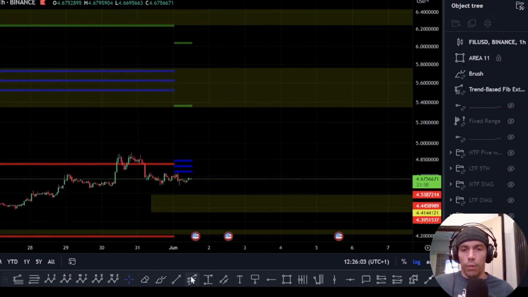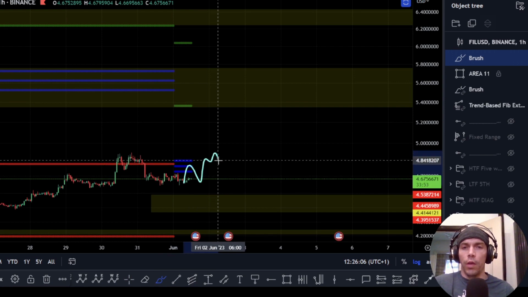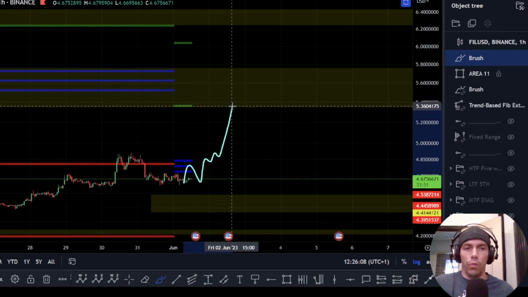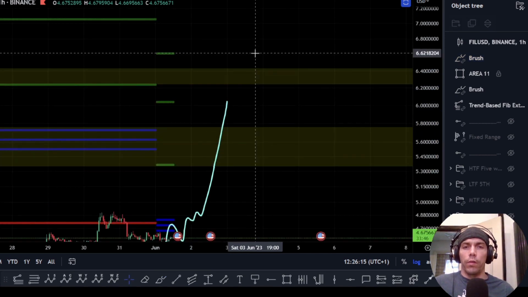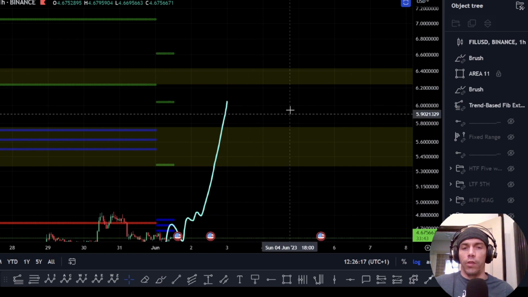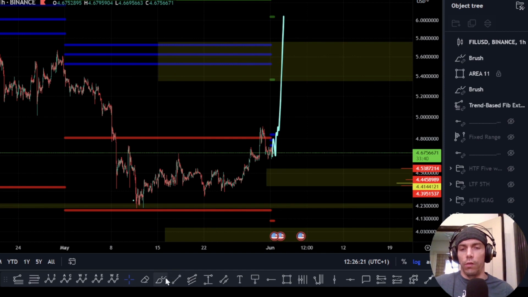Now, if we did, however, start to move through this level and finding support here, what we could then see is a possible move up towards this $5.36, this area here of this $6.04, or even as high as this $6.62. So this would tie into that idea of actually seeing price starting to break out here.